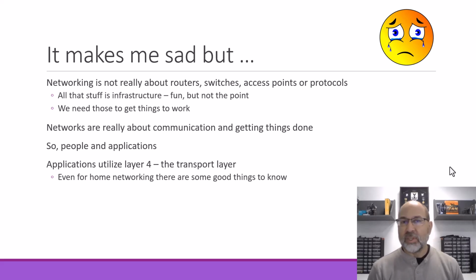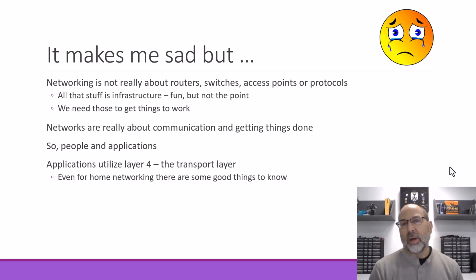I mean, if you have this fabulous network of routers and switches, that's what you have. But really, the point is we want people to be able to communicate. We want applications to be able to talk to each other. So you need all that stuff, all that cabling and everything else is all part of what we call infrastructure, but it's not really the point.